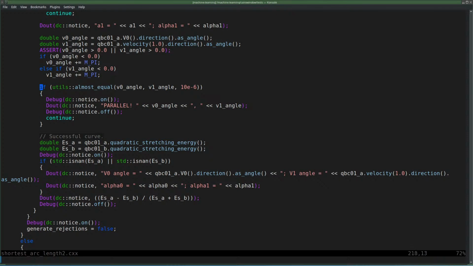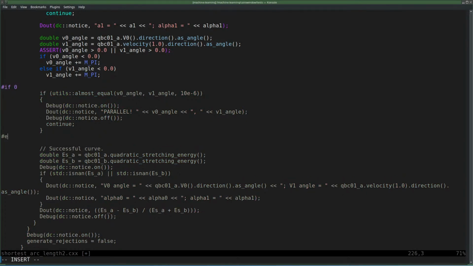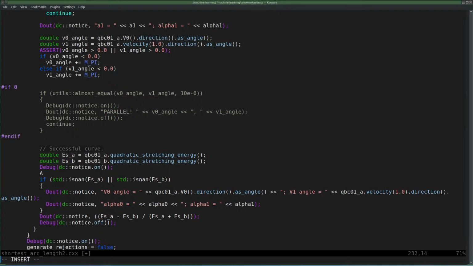I'm still skipping the parallel cases, I think. Or should it work as well now? So that should work as well now. Not 100% sure, but pretty sure. And this should never happen. So let's do assert not NaN, and not NaN for the other one.